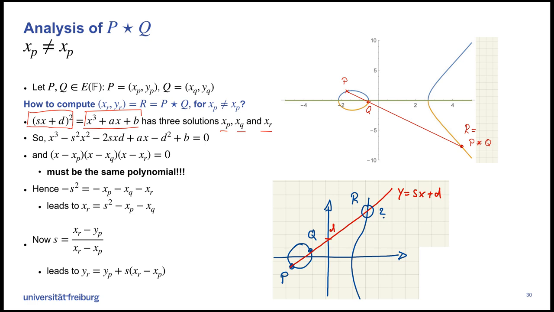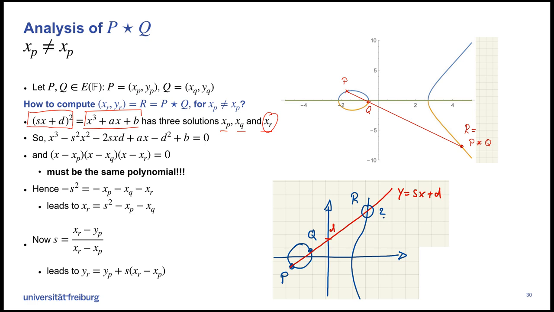Why did I call them xp, xq, and xr? Because we know that xp and xq are already solutions, because they're on the line in the first place. They are given values that we already know. They are part of the solution. The thing we're interested in is xr.